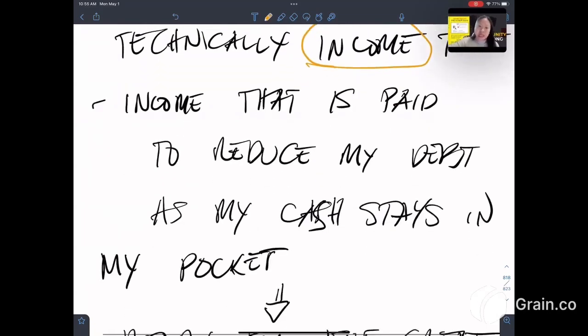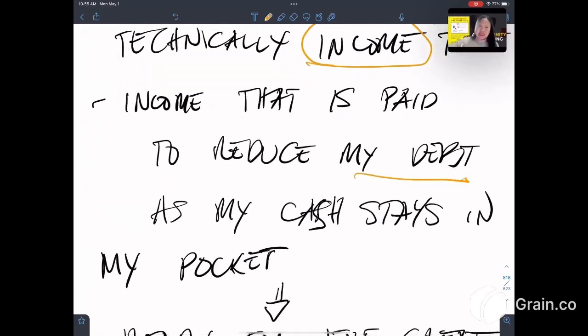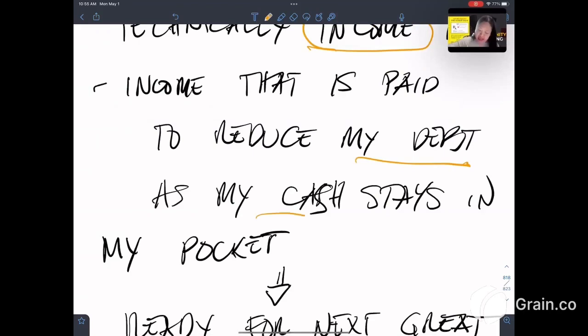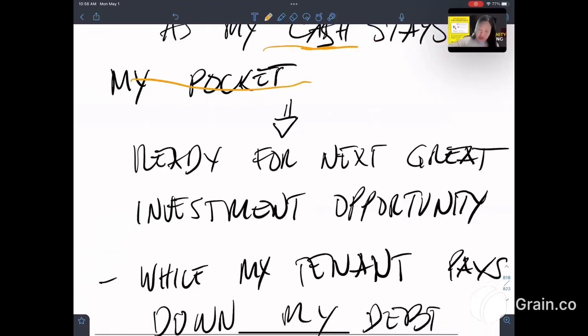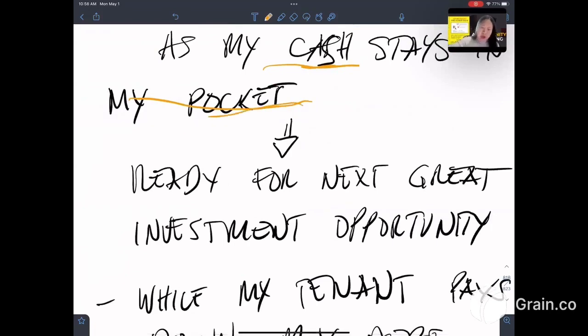Income that is paid to reduce my debt, while my cash stays in my pocket. Now, what you do with the cash that stays in your pocket, you're ready to deploy that money for the next great investment opportunity.